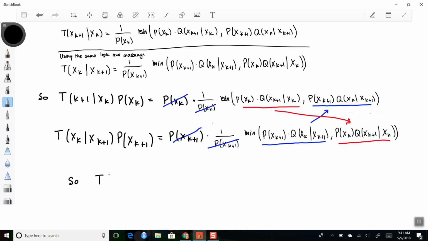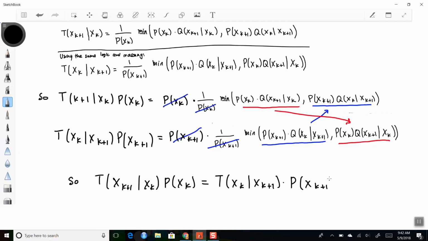So the transition probability of going to xk plus 1, given that we are at xk, times the probability of being at xk is equal to the transition probability of going the other way, xk given that we are at xk plus 1, times the probability of xk plus 1.